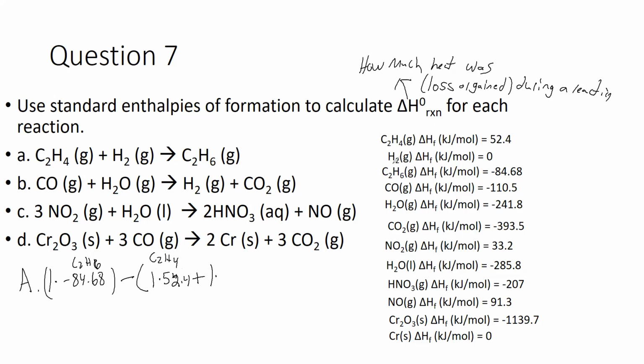H2 is a standard state, so that's 0. So this is really negative 84.68 minus 52.4. Let me get out Excel. 84.68 minus 52.4. So the delta H reaction for this equation is negative 137.1 kilojoules per mole.